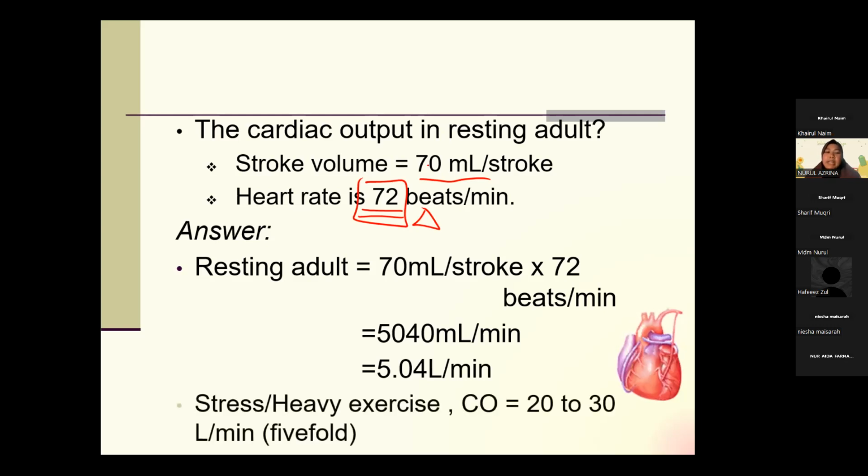Okay, but if someone is under stress or is doing heavy exercise, the cardiac output will be increased to 20 to 30 liter per minute. So lebih kurang 5 kali ganda daripada resting. Okay, alright. So that is the cardiac output for someone in exercise or stress.